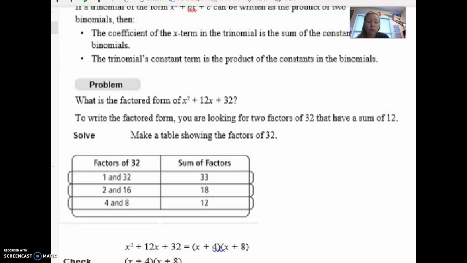So as we look through those factors, we can see that 4 and 8 multiply to get 32, and they add together to get 12. So right there is our combination. That's what we want.